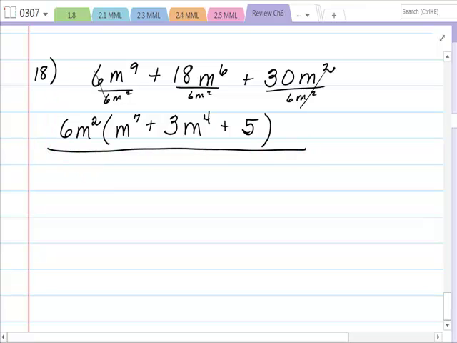It's not prime. We factored out the greatest common factor. This could have been a problem from section 6.1, where all we were doing was looking for common factors. You have so many more skills now, but that is not factorable any further. You're done.